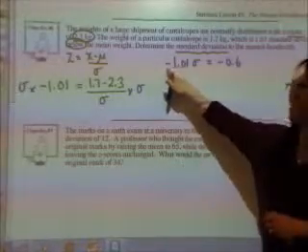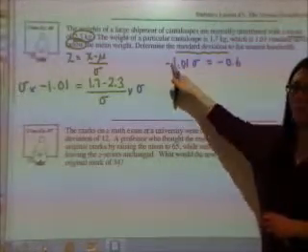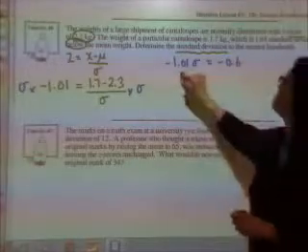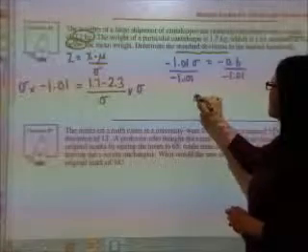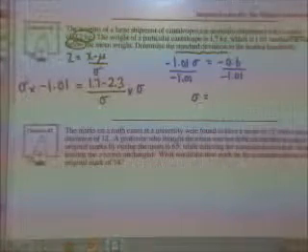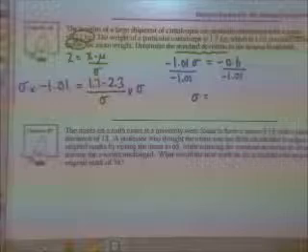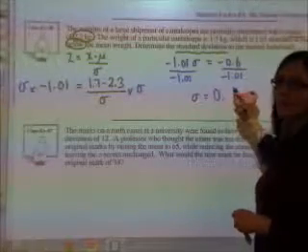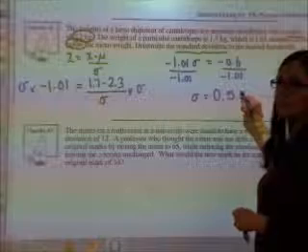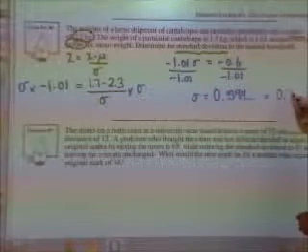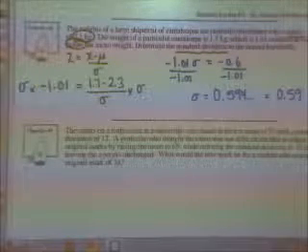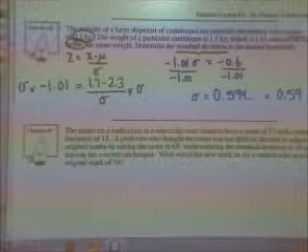How do I get rid of the negative 1.01 on this side so I'm left with just sigma? So negative 0.6 divided by negative 1.01 would equal 0.59. What's after the 9? 4. So to the nearest hundredth, 0.59. That becomes my standard deviation.